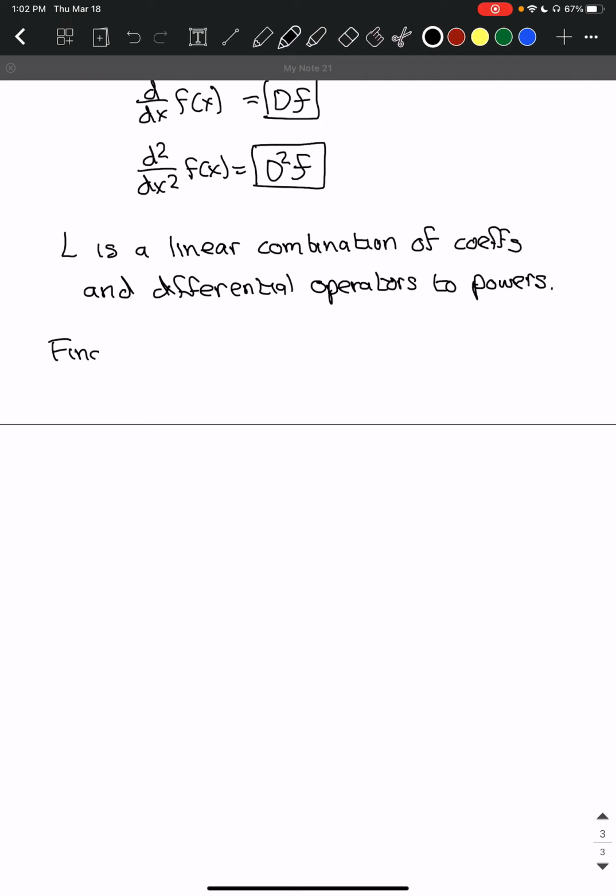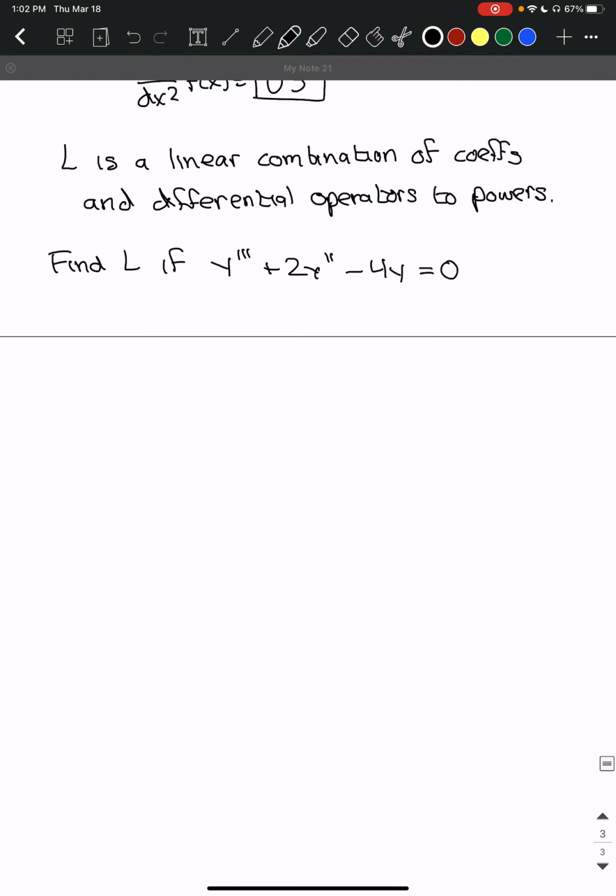So if we start off with an example, we can find L if y triple prime plus 2y double prime minus 4y is equal to 0. Well, essentially, y triple prime is equivalent to D cubed on y. And I have plus 2 times D squared on y.